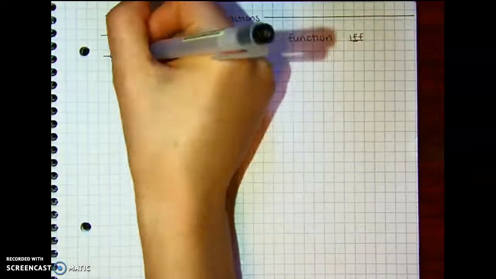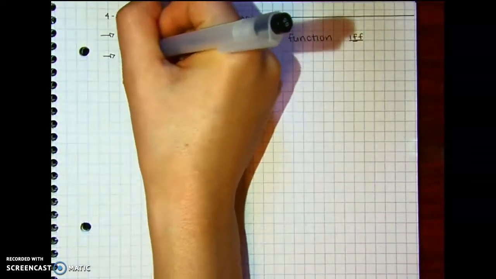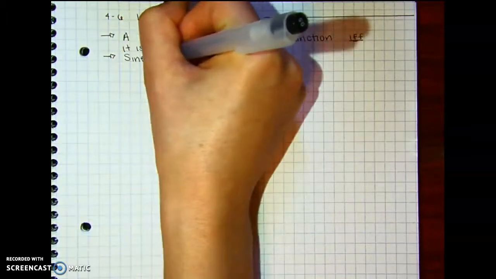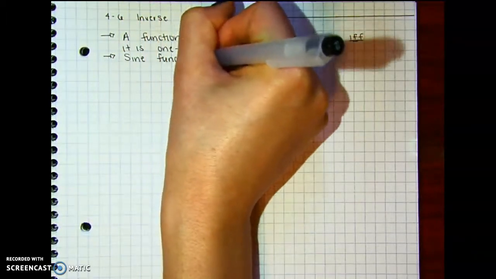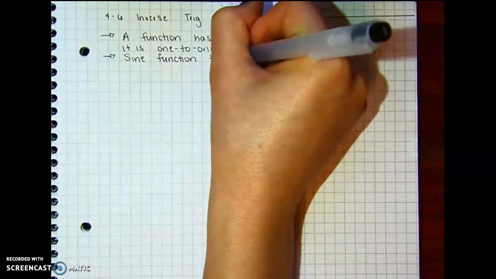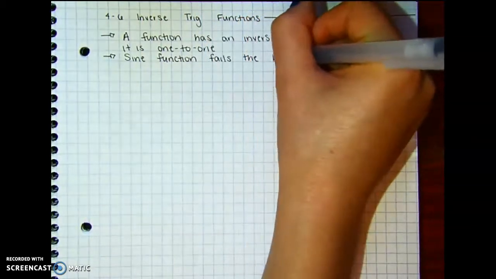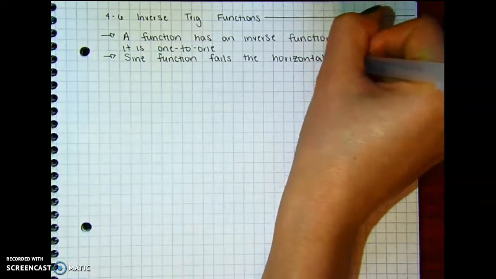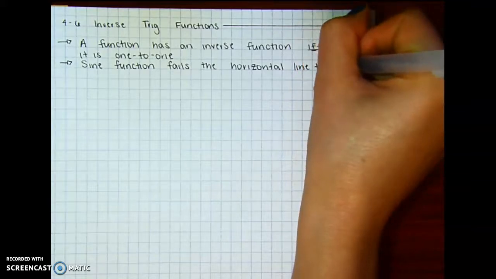So if we think about our trig functions, right, sine and cosine, the sine function fails the horizontal line test. And notice I said horizontal line test, not vertical, right?